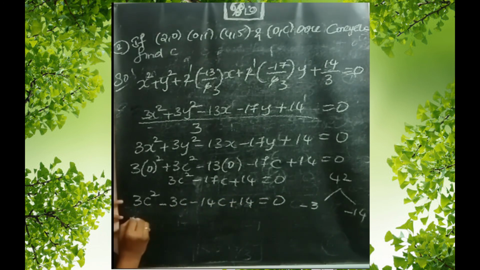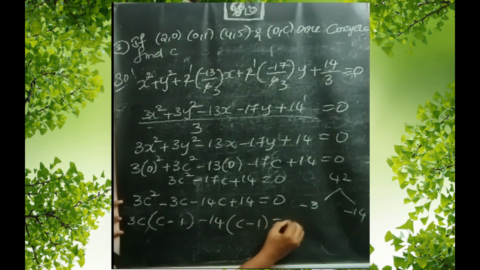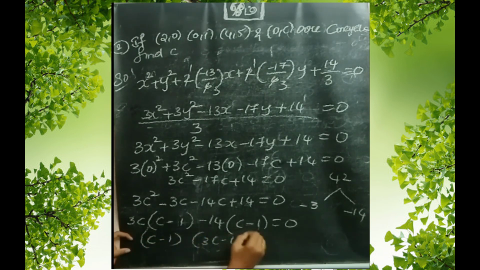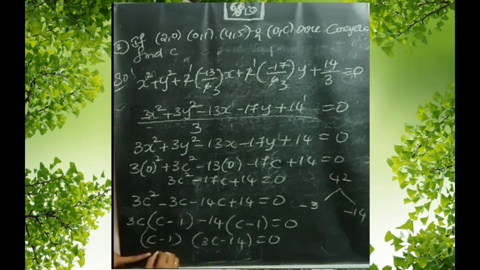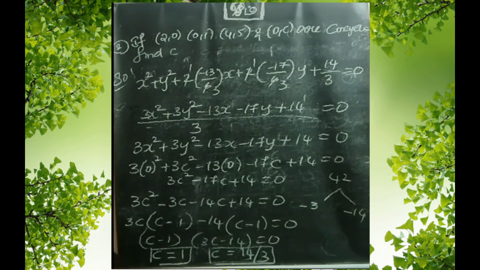Now in this, 3c is common, c minus 1, and minus 14 is common, c minus 1 equals 0. From this, c minus 1 and 3c minus 14 equals 0. Now we'll get c equals 1 and c equals 14 by 3. These are the values of c.